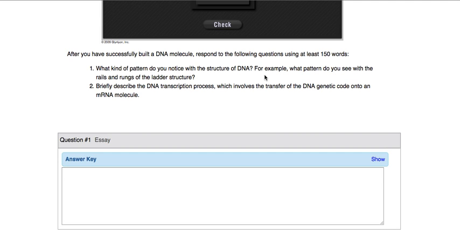I want you to summarize those 3 paragraphs in about 3 to 4 sentences, explaining to me how DNA replicates itself, and then from that creates a template of messenger RNA all the way up through a fully functional protein. So those are the 2 things that this project is looking for from you.